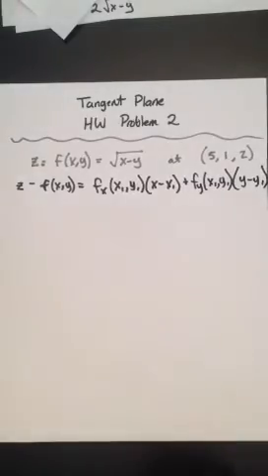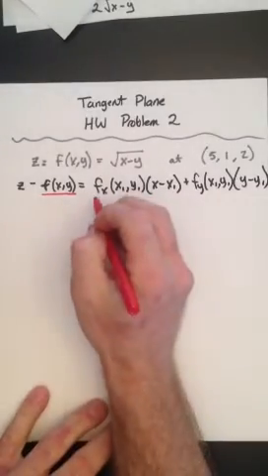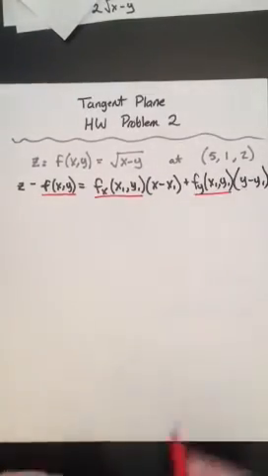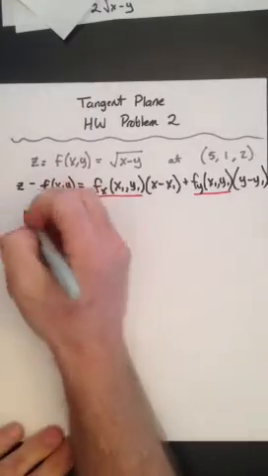Not too bad. We only have to find a couple things: the value for the function, and the partial derivatives with respect to x and y. The rest will do itself. The rest is pretty much given to us. So let's go ahead and start doing that.